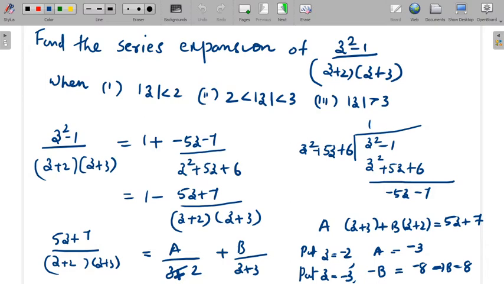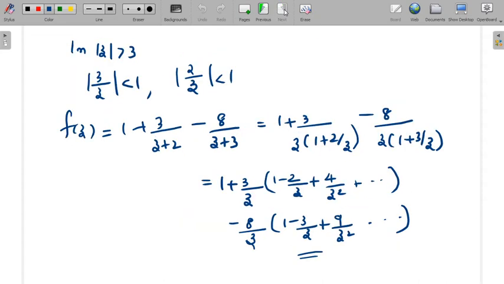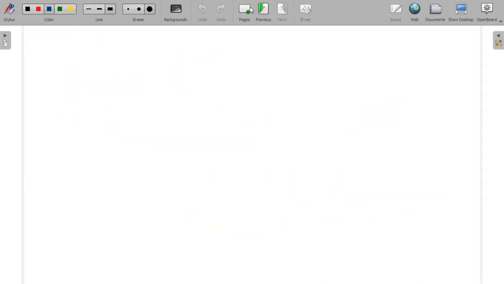Now let us do a question in which the singular point is complex. So we are going to do this question.